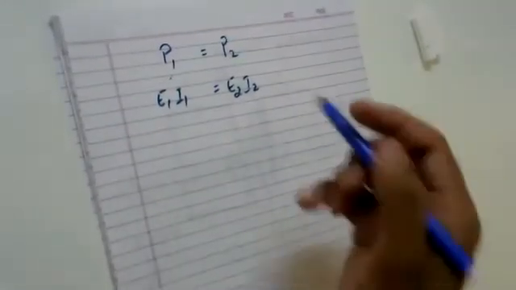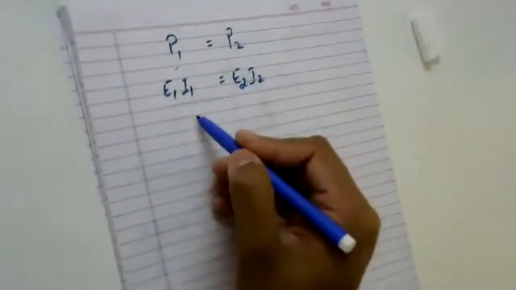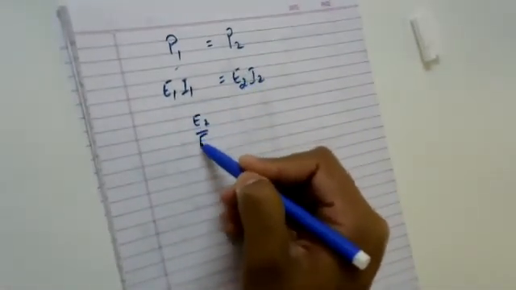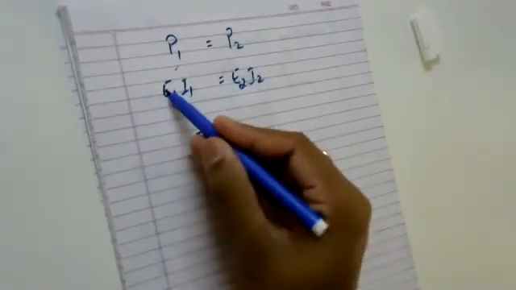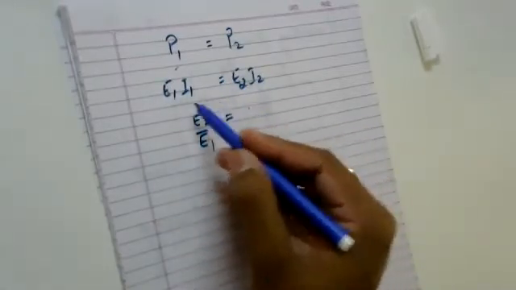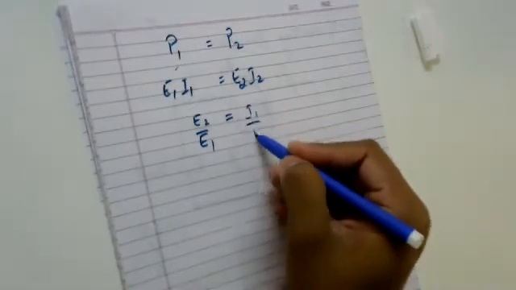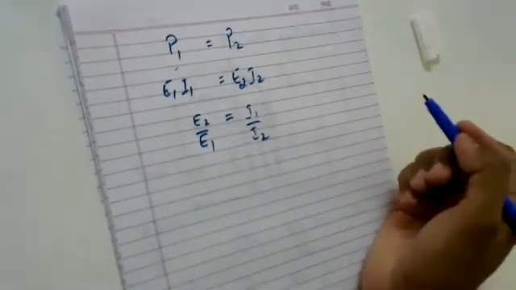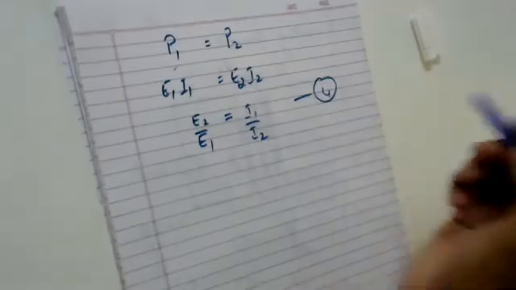Now I want to write this equation as a ratio, E2 divided by E1. In that case, this equation turns out as I1 divided by I2. Let me call this expression number 4.